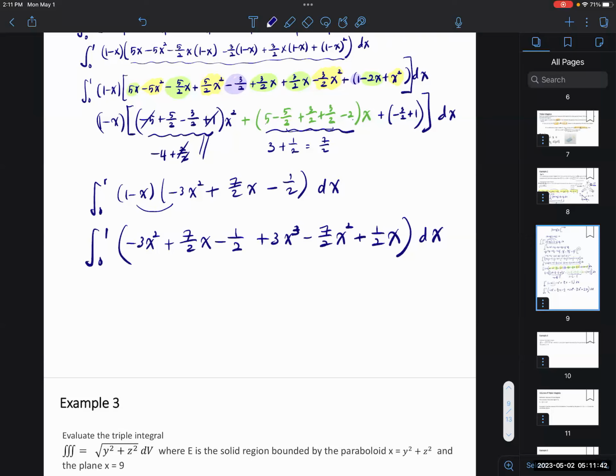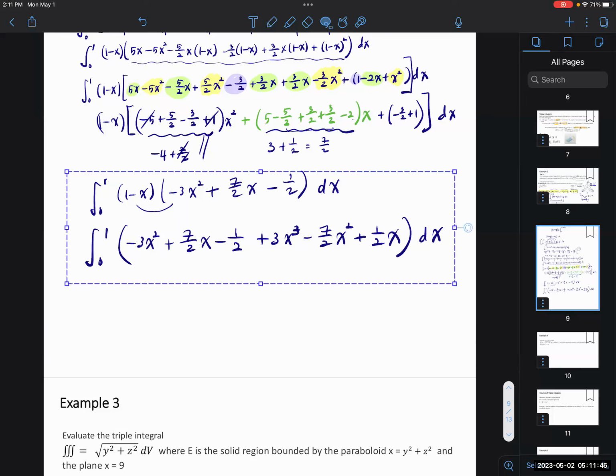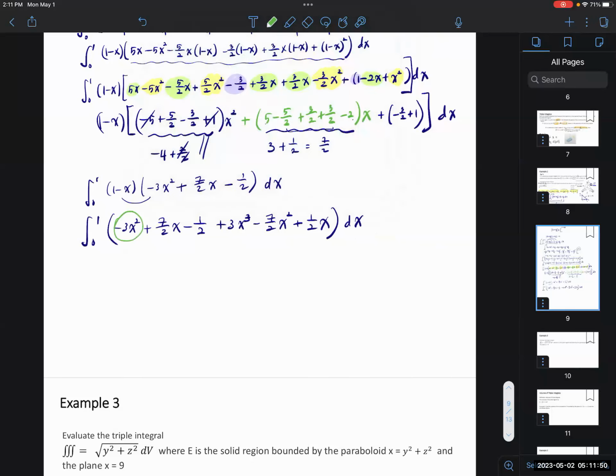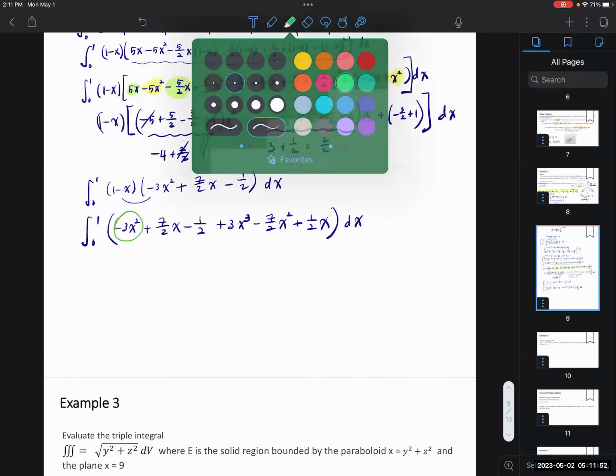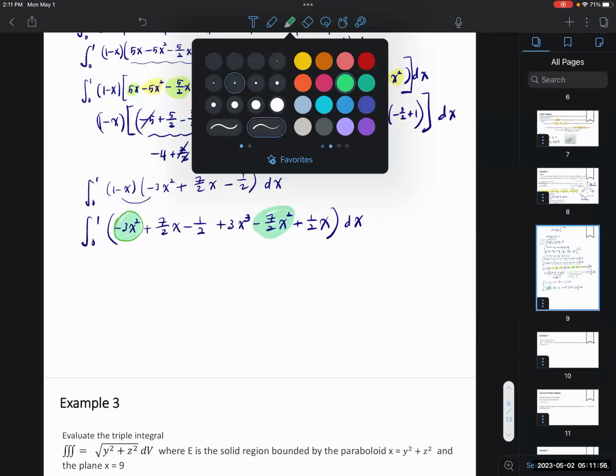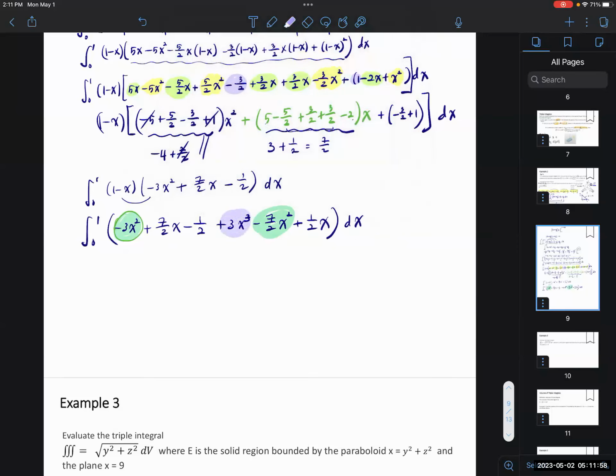So if you want, you can simplify the like terms. So one more time. x squared family here. Cubic. And then x family and number family.